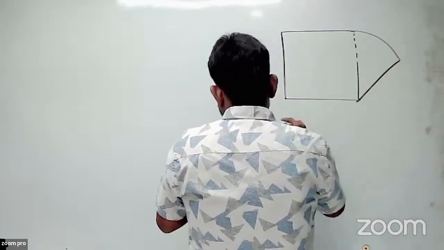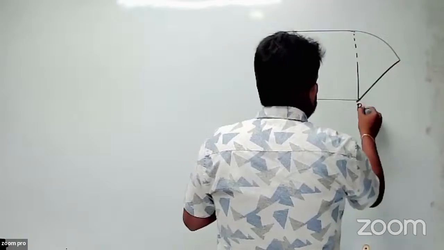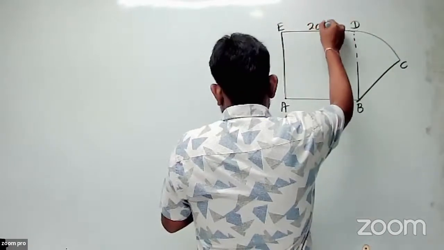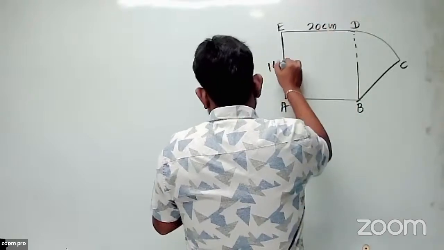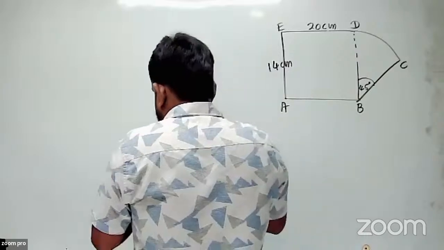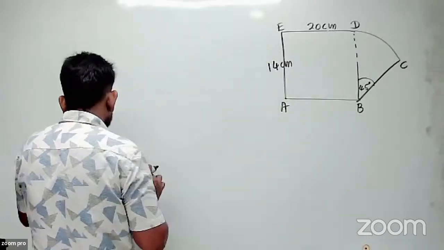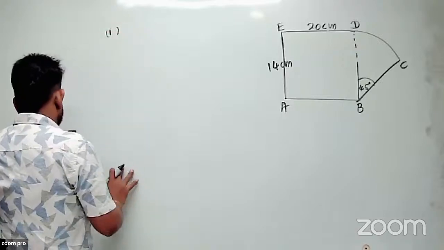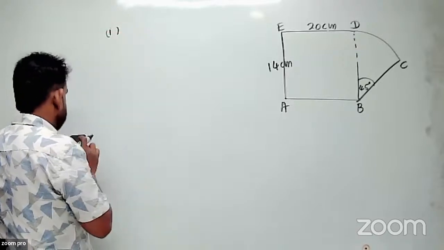So this is a sector A, B, C, D, E, and here 20 centimeter, and here 14 centimeter, and here a 45-degree sector. Okay. First one, find the arc length DC in the BCD sector.